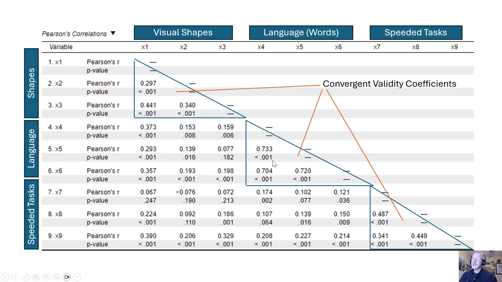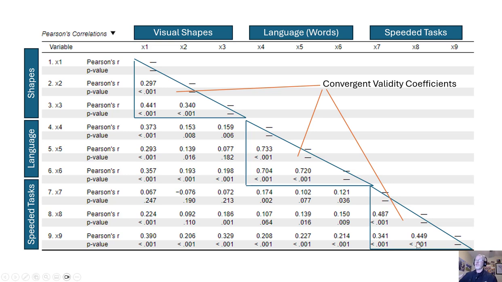This is exceedingly good and gives us what we would call convergent validity. That is, they're converging or clustering, being highly correlated to say these are all measuring the same construct, the same idea. And then down over here, we have again medium to strongish correlations measuring our speeded task. All these correlations are significant and they're all medium to strong.